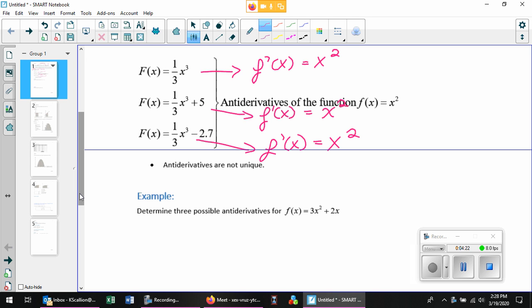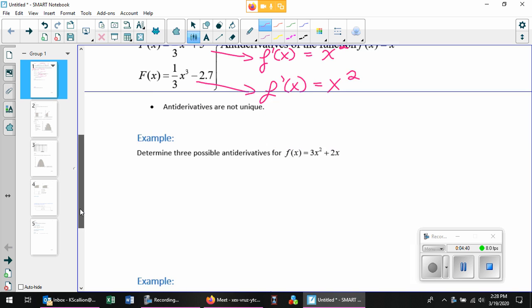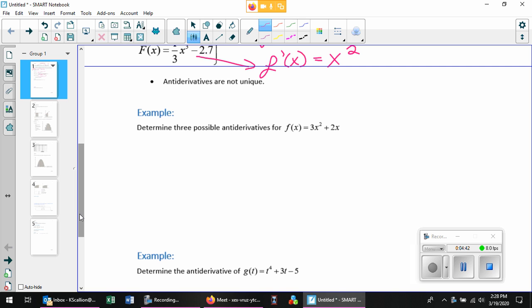Perfect. What we're trying to point out here is that derivatives are not unique. Like we can have the same derivative for 3 unique equations, right? So let's just look at this one. What are 3 possible antiderivatives?